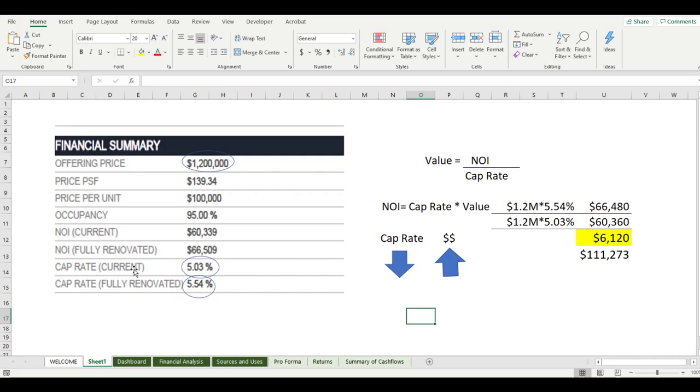Based off of the fully renovated numbers, the broker's saying that we'll be able to generate $66,000 in NOI. But the T12 shows that we're only generating $60,360 currently.